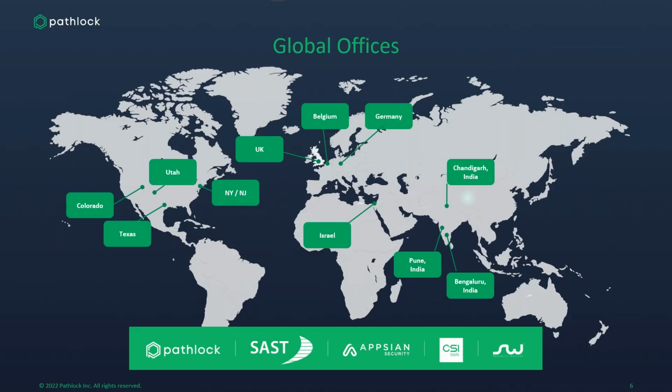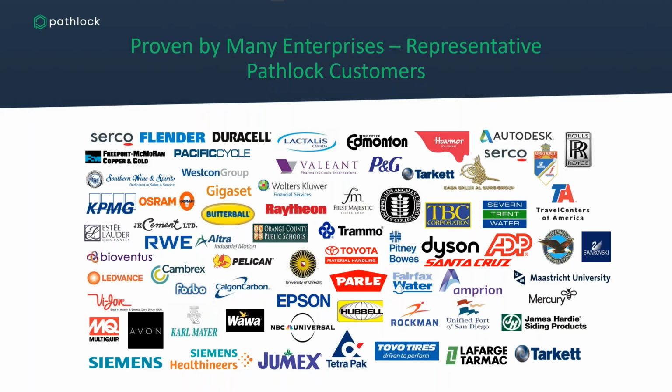So here you can see our global offices. You see the label Pathlock. Pathlock is a conglomerate from ZAST, Apsian, CSI, Security Weaver. So this is the Pathlock now, and you can see in every corner of the world you find Pathlock with its global offices. Next slide, please.